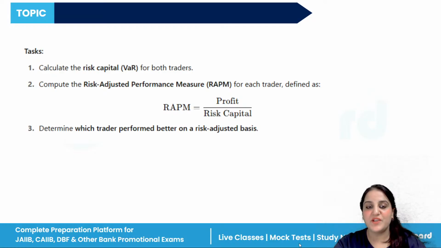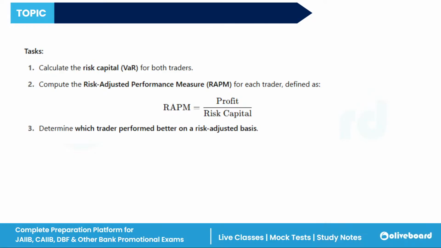So let's solve this question one by one with each part. First we calculate the value at risk here. Okay, so for trader A, I am just calculating here.